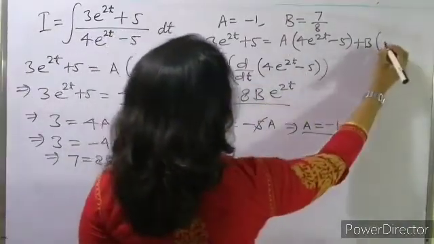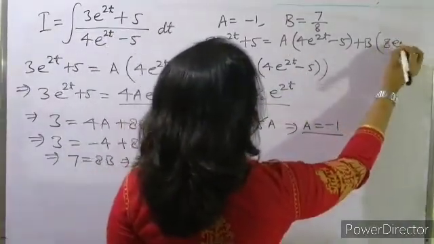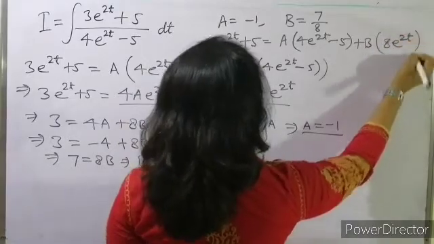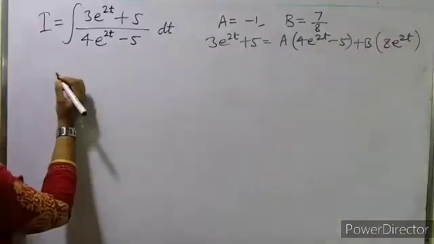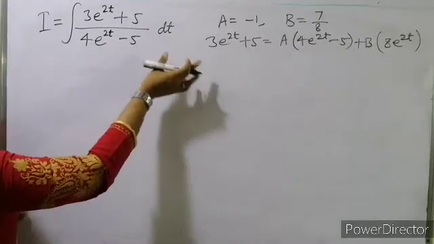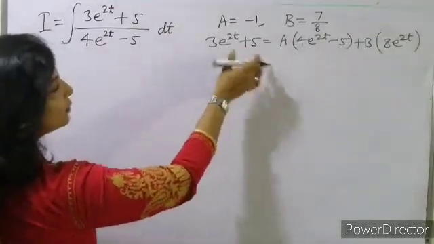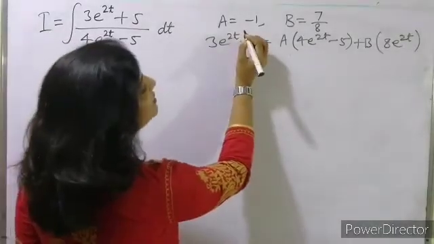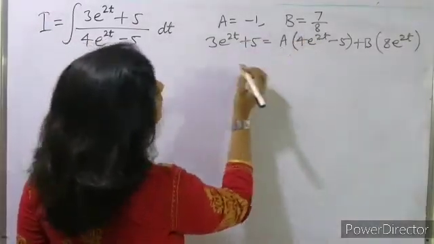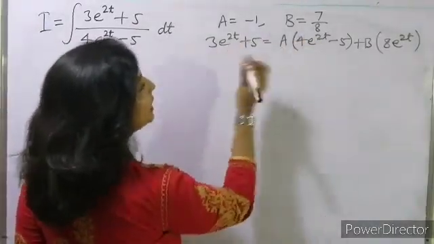So the derivative of this function will be 8e to the power 2t. Now what do we have to do? We applied this formula and put the values. What values did we get? The value of A is minus 1, the value of B is 7 upon 8. Now we'll put the values of A and B in this equation.